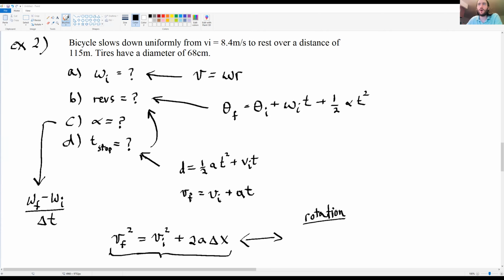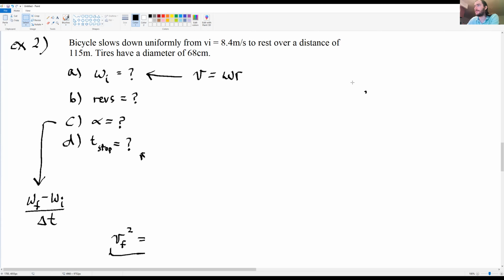So one way to do this problem, let me go ahead and delete all this. I have some space here. Hopefully you had time to write it down. If you didn't, we already wrote this down earlier in the lecture, right? All those equations.